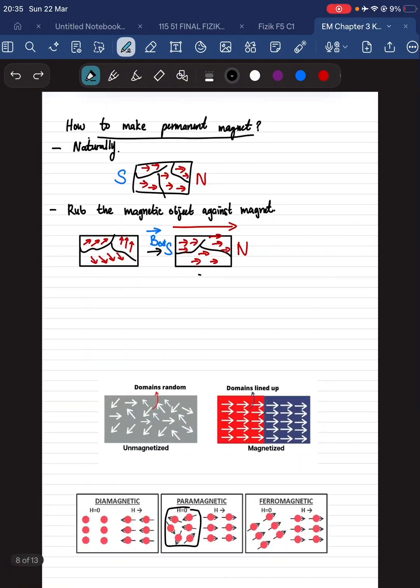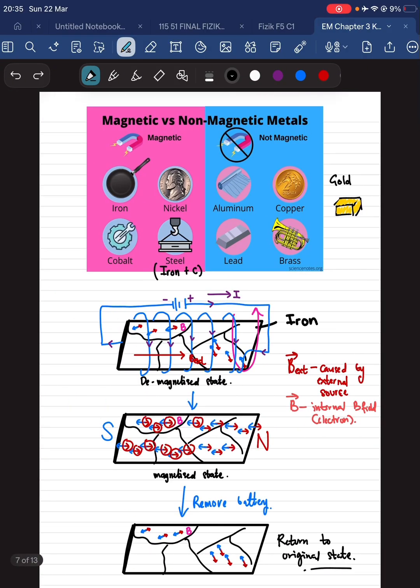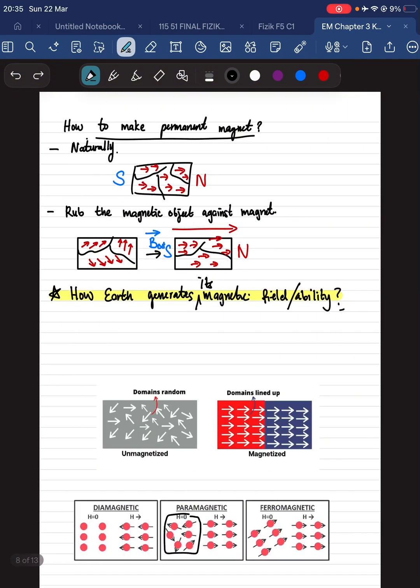That's the reason why. And then the question is, how can Earth generate its magnetic field? Is it due to a similar concept like this? What do you think? You may find the answer. So make this a homework for you. We will discuss it in the next class perhaps.